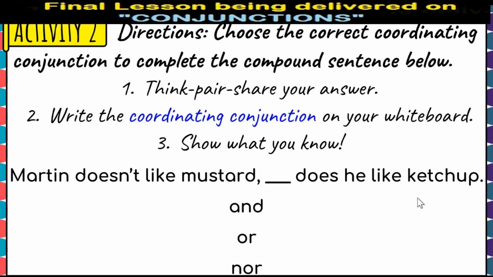Dash, does he like ketchup? And, or, nor. Okay, you have 15 seconds to write your answers, and then you will project your boards to me as pairs, because this is a think, pair, share activity. Well done. So most of the answers that I can see is nor. Perfect.